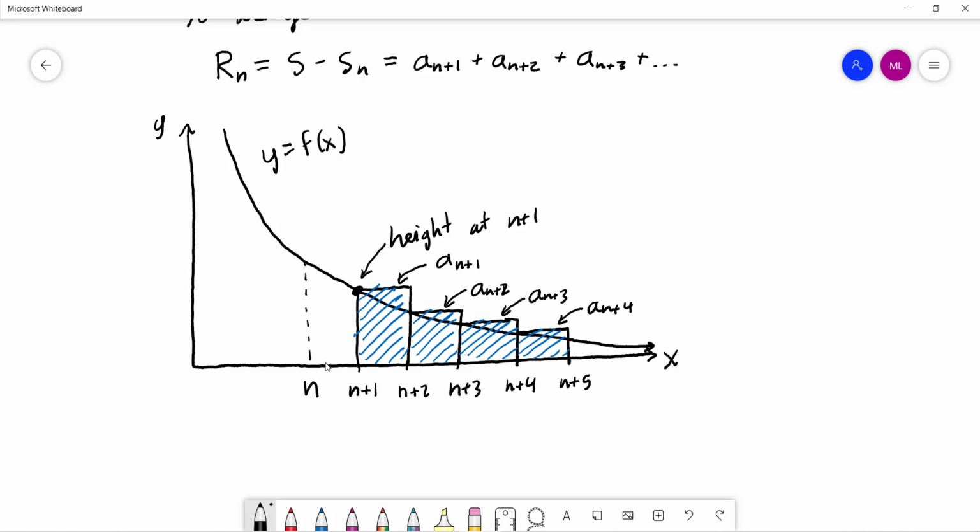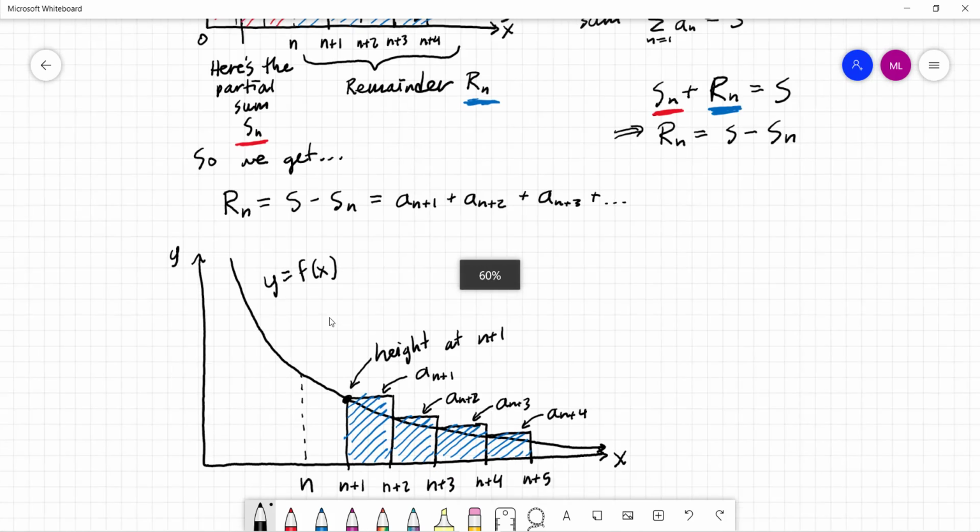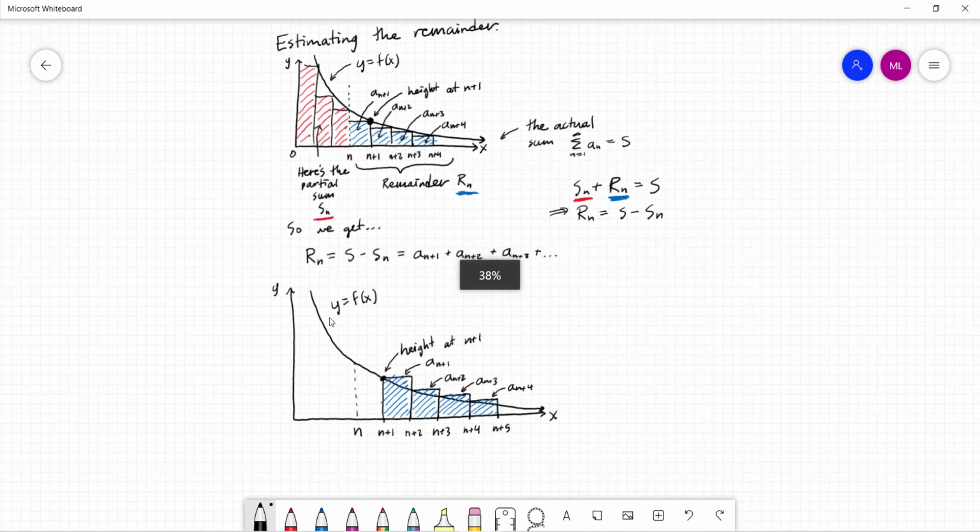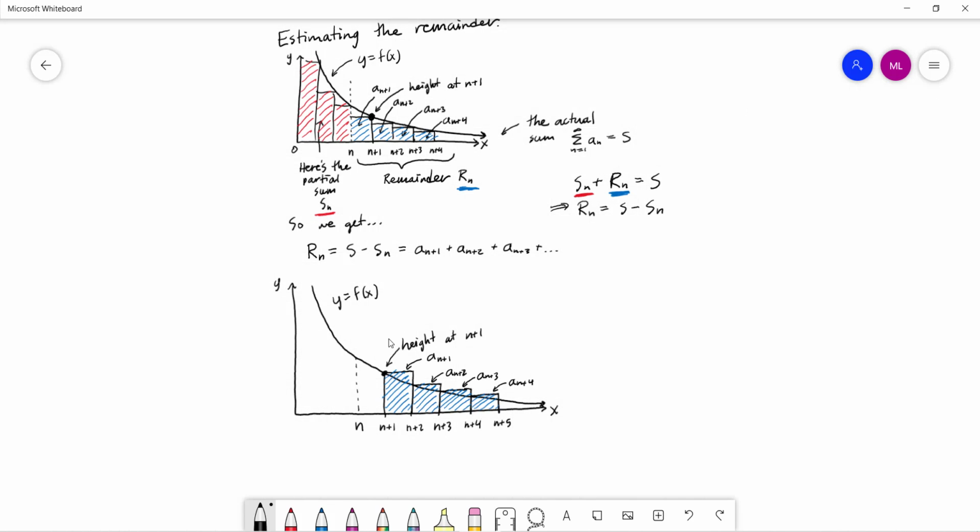And notice I have a gap here. I'm leaving off this first piece that up here, if I see these pictures side by side, they're not quite drawn to scale. I didn't draw them quite as similar as I might have. But notice that basically over here, we started the blue rectangles at n.